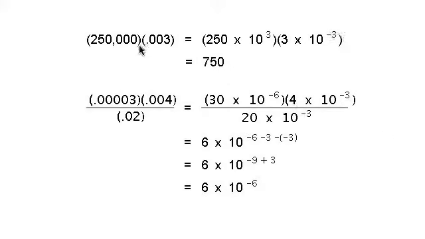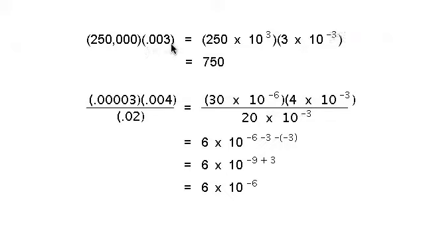With metric notation, again, you have to convert each number to its metric form. So here we can only go 3 spaces. So we divide the mantissa by 3 tens. So we have to replace that by 3 tens here.